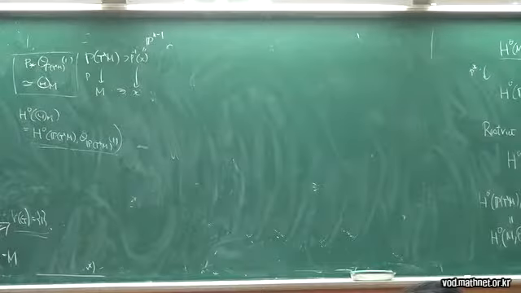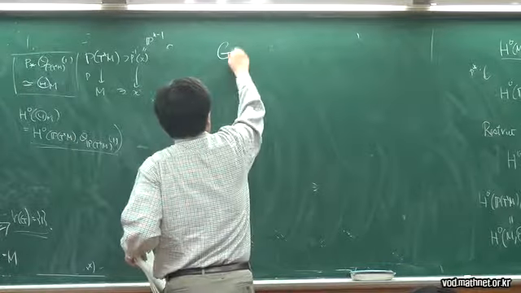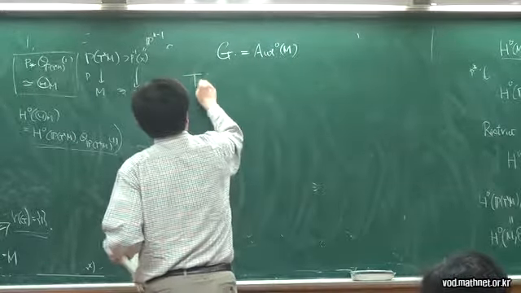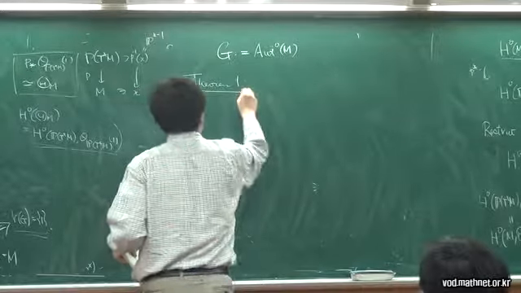Now we have the following theorem. Now we put G = 0M. Then we have the following theorem, Theorem 1.